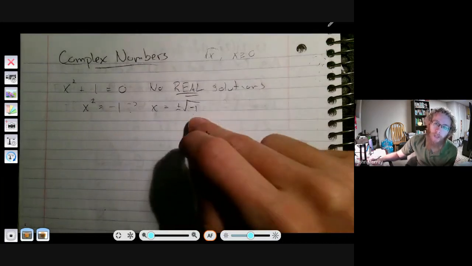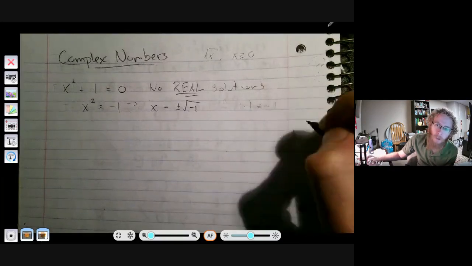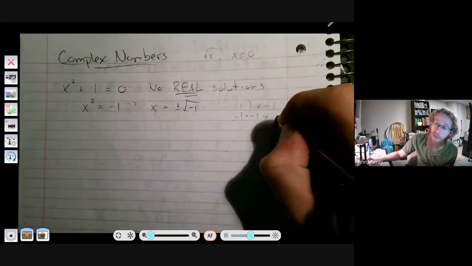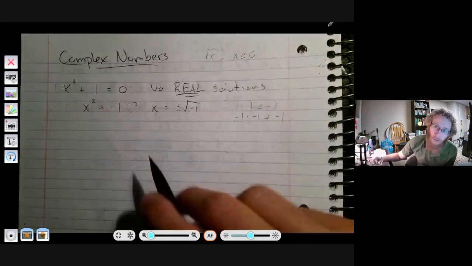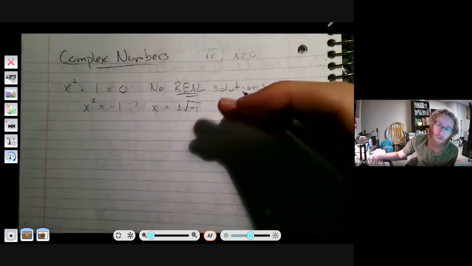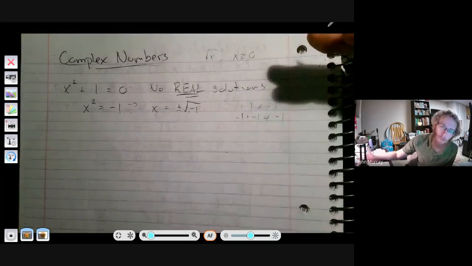So obviously 1 times 1 doesn't equal -1. -1 times -1 equals +1, so that doesn't equal -1. But again, a problem like this might come up in physics. Well, we need a solution.